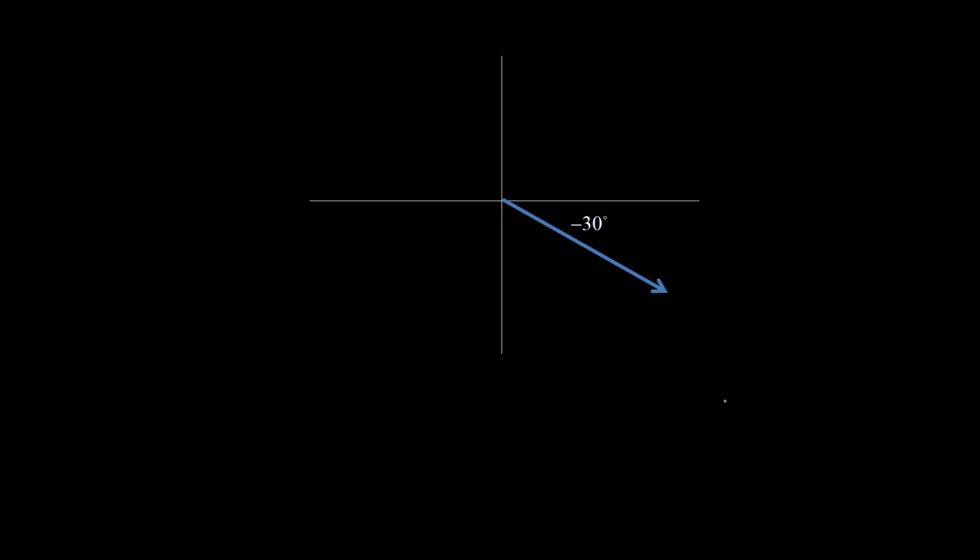So let's say we have this scenario. Here's our standard angle in the negative direction, minus 30 degrees. What is sine of minus 30 then? Well, sine is an odd function, which means this minus sign we can basically pull out and stick in front of sine.